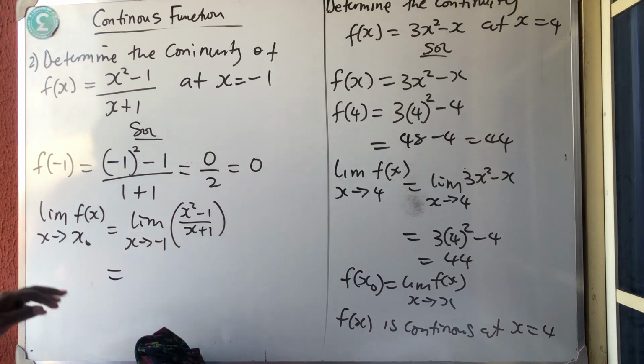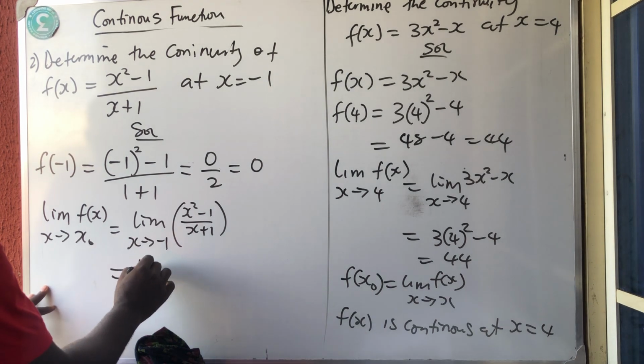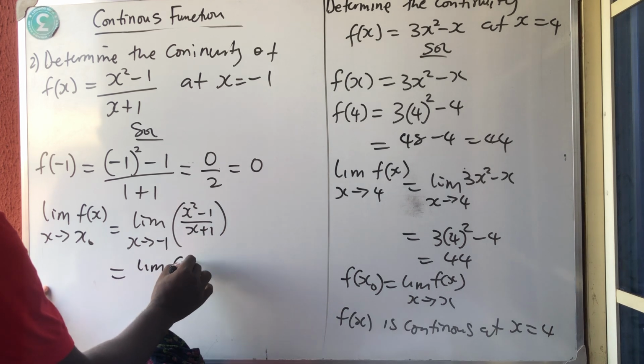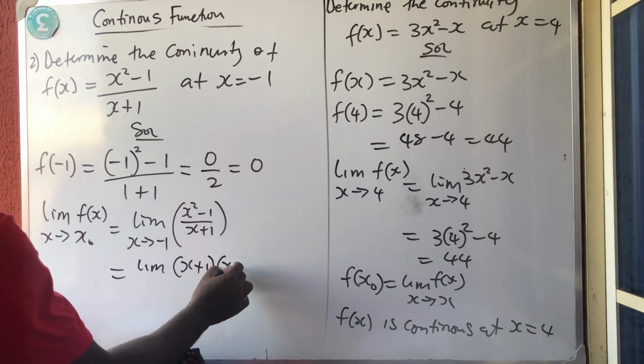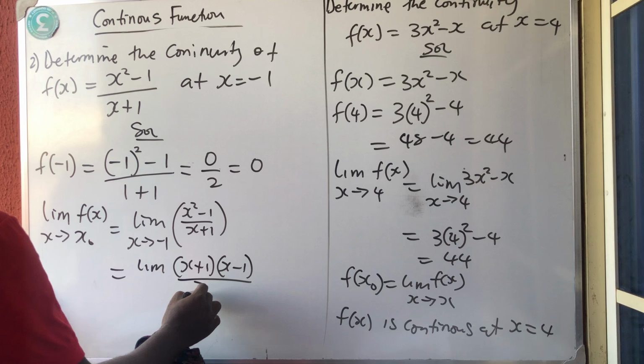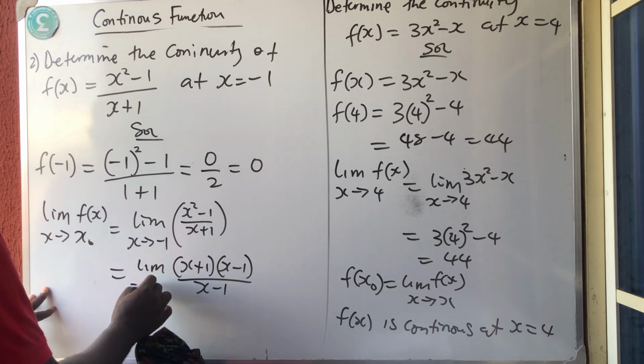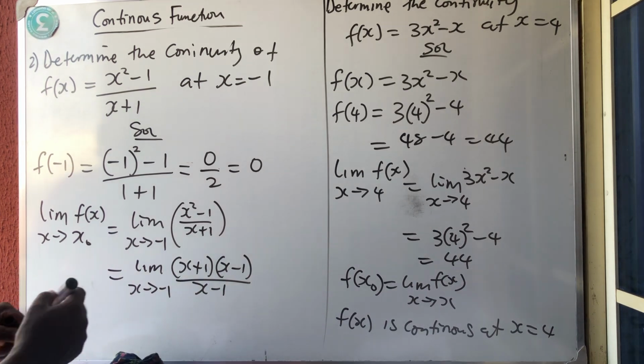So how do you get the limit? Factorize here. I'm going to have the limit of x plus 1 and x minus 1 all over x plus 1 as x tends to minus 1. So what do we have now?